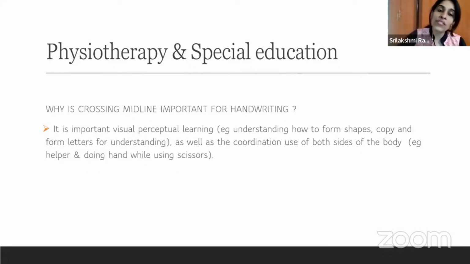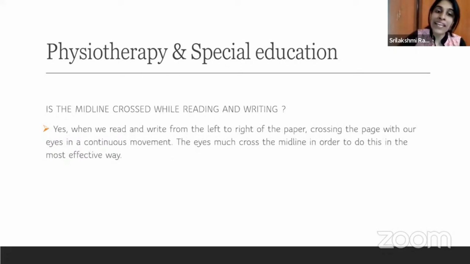Then why is crossing the midline important for writing or handwriting? It is important for visual perceptual learning as well as the coordinated use of both sides of the body. Is the midline crossed while reading and writing? Yes.